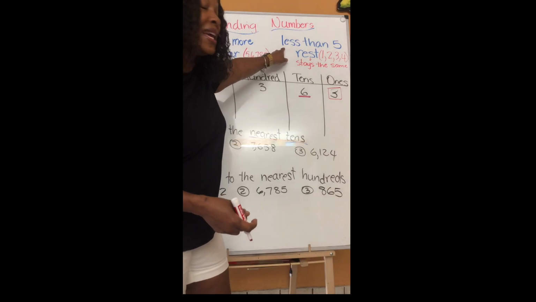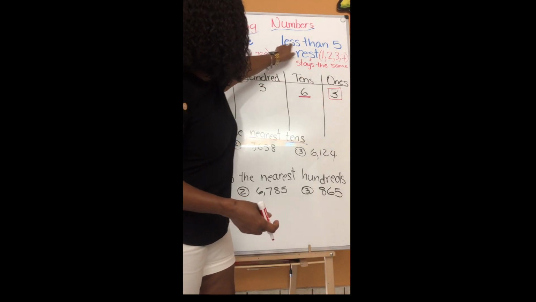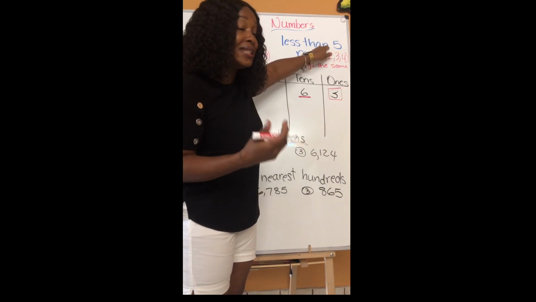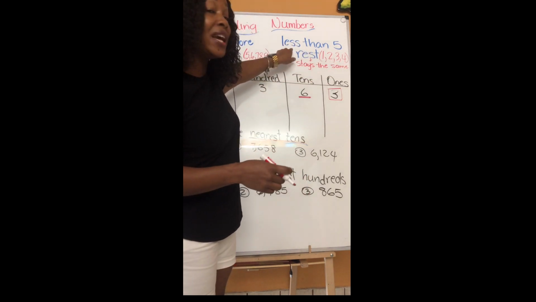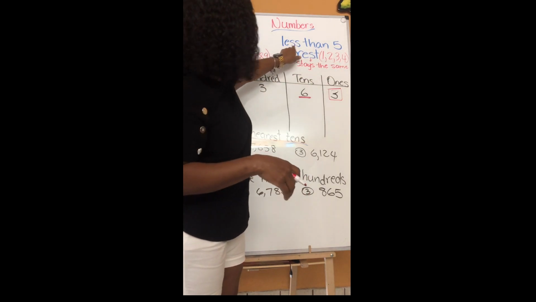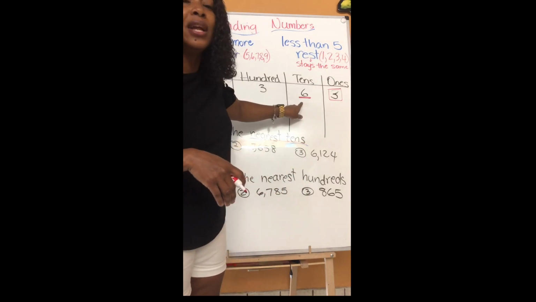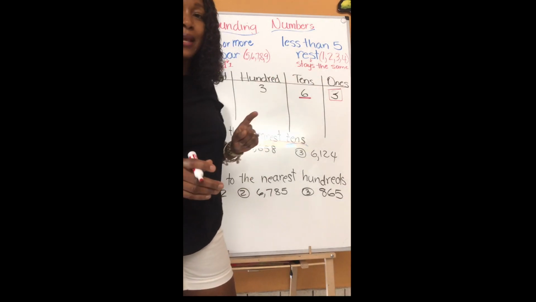Up here it says if the bossy neighbor is less than 5, the digits less than 5 are 1, 2, 3, 4. So if the one that you box is less than 5, it tells the one that you underline to relax, just rest, meaning it stays the same.